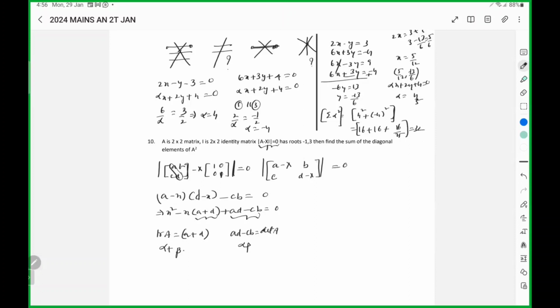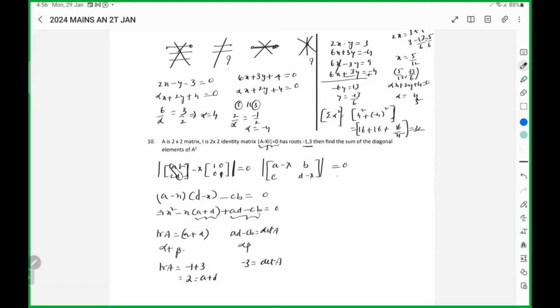Right. Here those roots are minus 1 and 3. Trace A will be, that is A plus D is 3. Product minus 3 is determinant here.